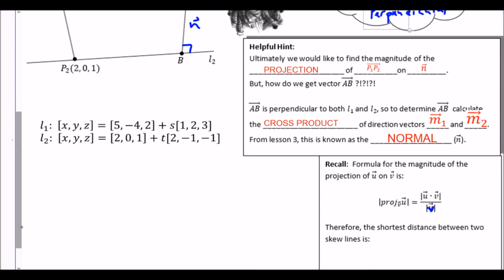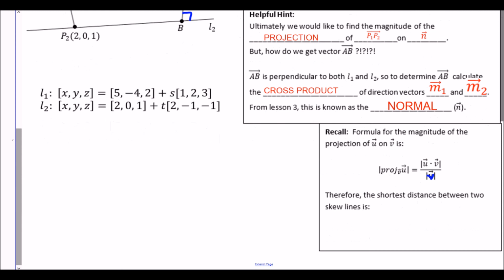Therefore, the shortest distance between two skew lines is this.